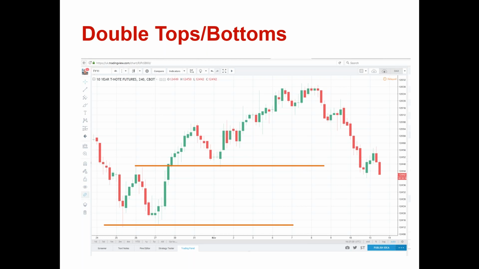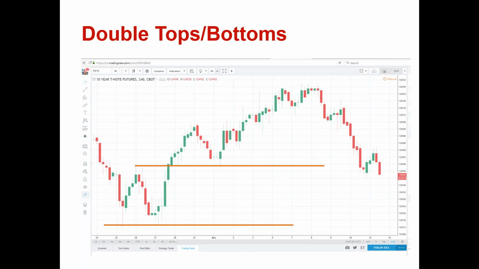When I'm playing with chart patterns in particular, my own personal preference is to use orange trend lines so that I can differentiate them from other trend lines and other lines that I might be using for other work. If I'm looking at double tops, double bottoms, or the head and shoulders pattern, which we're going to look at next, I always change my trend line color to orange.